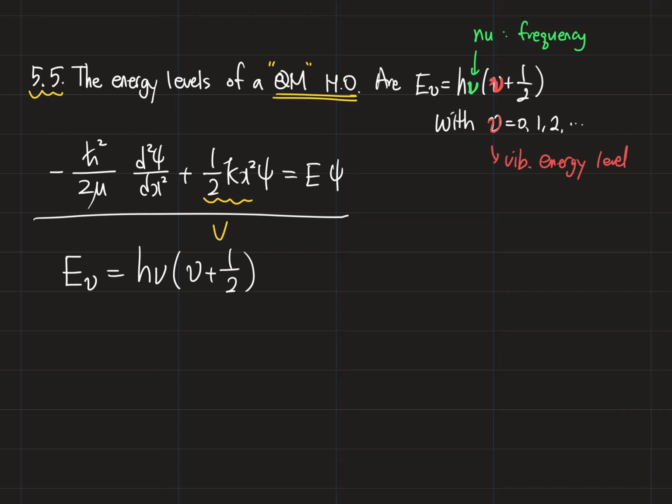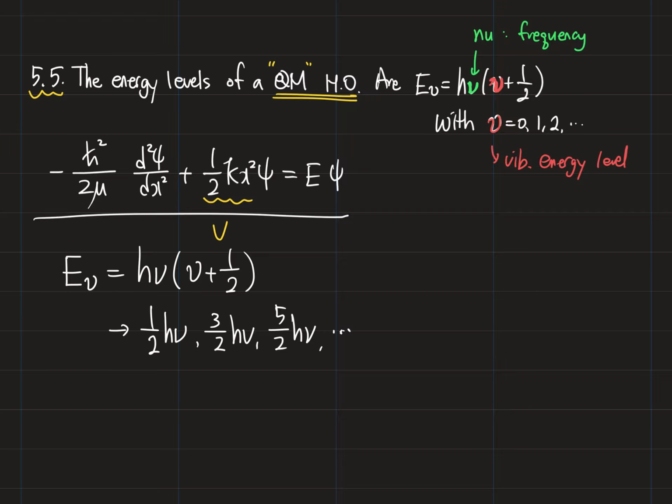This equation implies many important consequences. As you can see here, if you write down the allowed energy levels, the lowest energy level should be half of h nu.